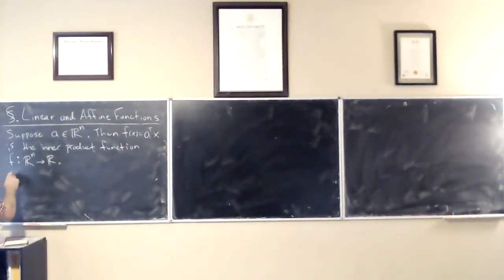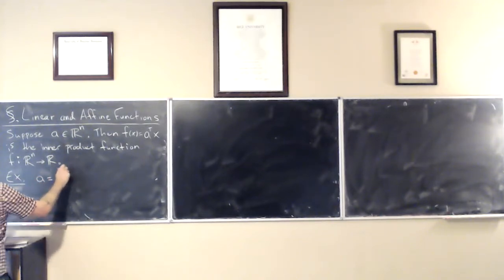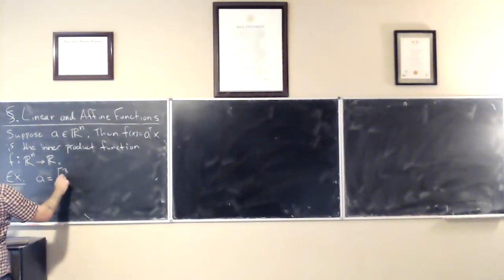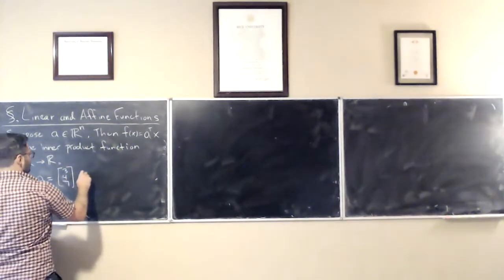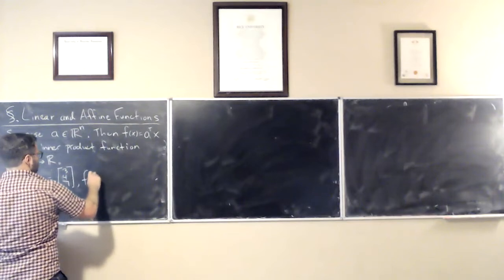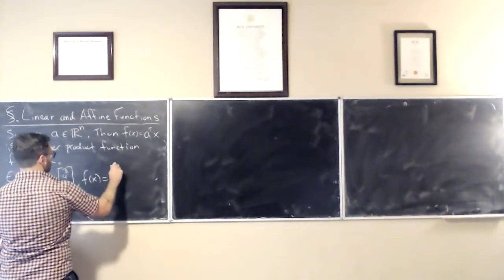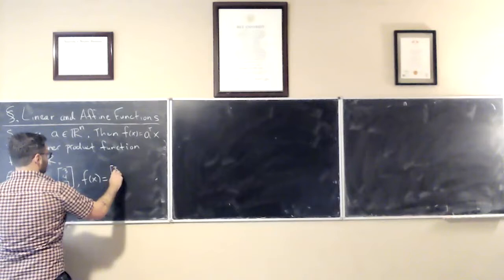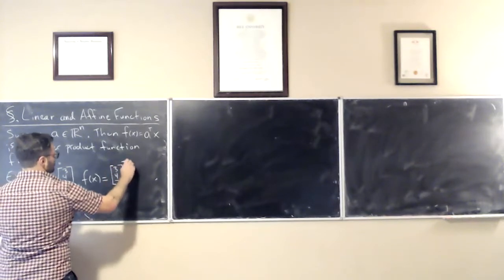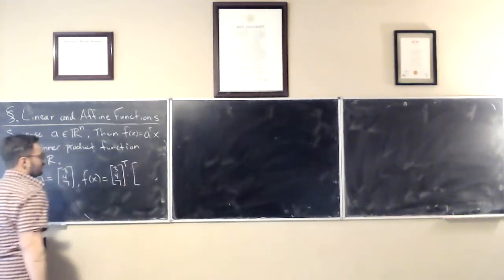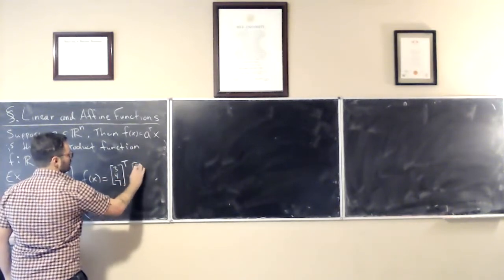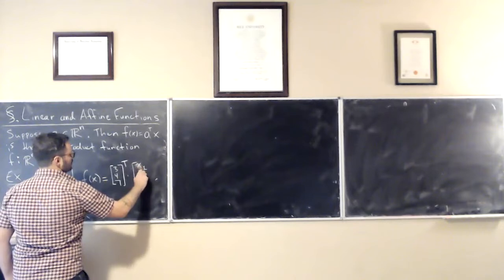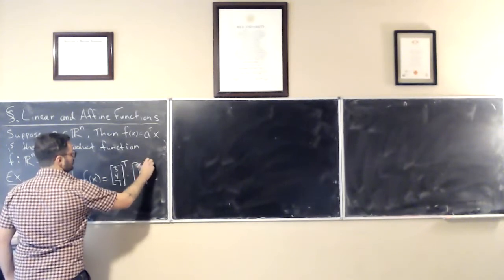So for example, if A is equal to 3, 4, and 7, then f of x equals (3, 4, 7) inner product x. x has to be a three-dimensional vector to match up, so x1, x2, x3.